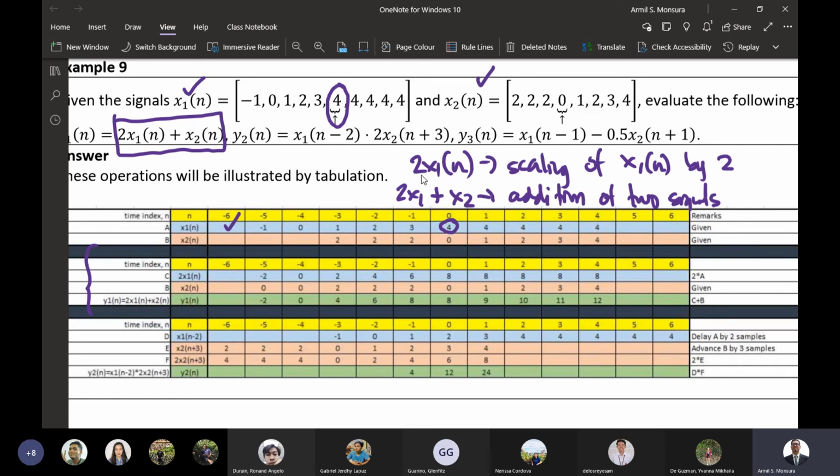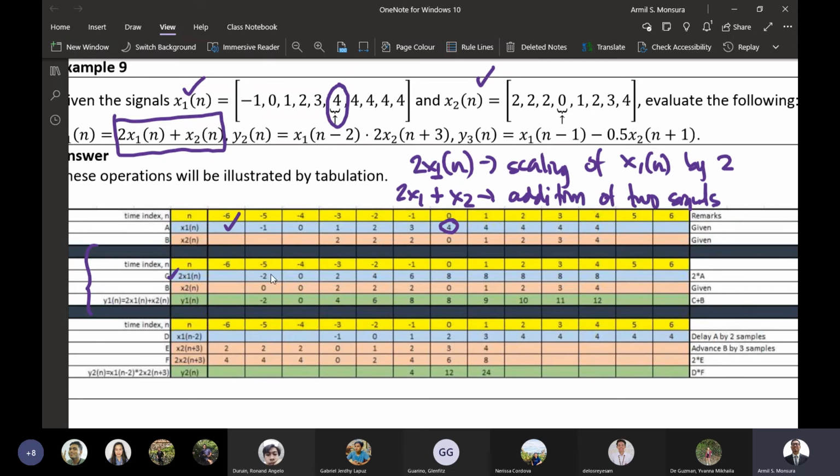Again, ipoproduce ko tong signal na to, which is, I would scale x1, okay, with 2. Ibig sabihin, itong mga values na to, negative 1, 0, 1, 2, 3, yung mga signal values na yan, i-multiply ko yan each by 2, by the scaling factor. So, yung negative 1 na yan dito sa 2x1, magiging negative 2.